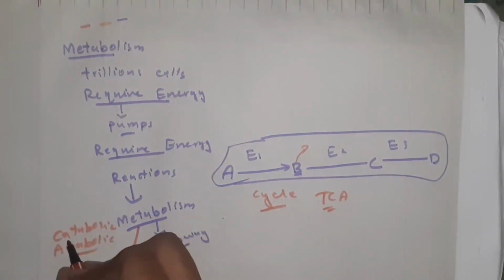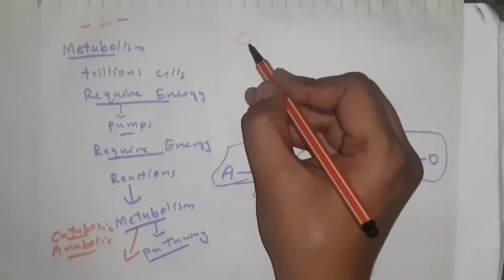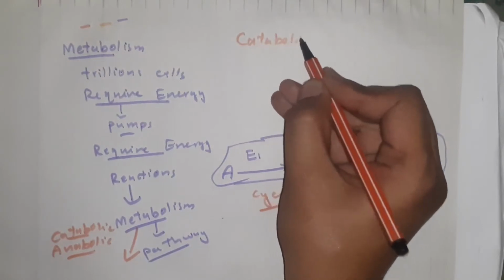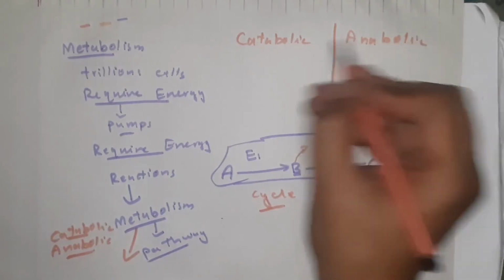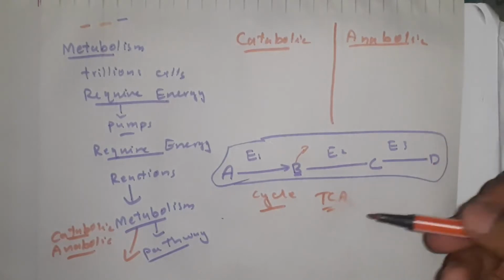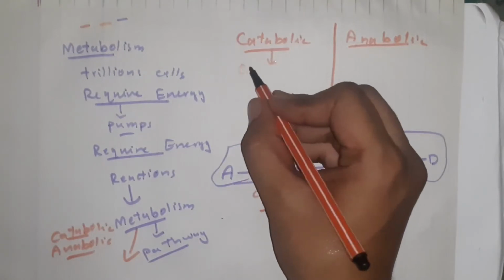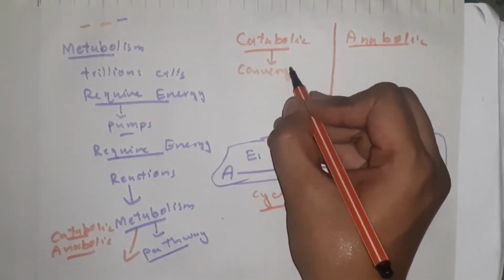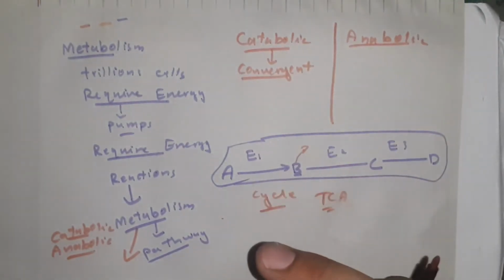So, what are catabolic reactions and what are anabolic reactions? Catabolic reactions are those in which larger molecules are broken down into simple molecules, while anabolic reactions are those in which simple molecules combine and make large molecules. Catabolic pathways are convergent pathways as they break down complex molecules into simple molecules, and these simple molecules give rise to a broad variety of compounds on combination.